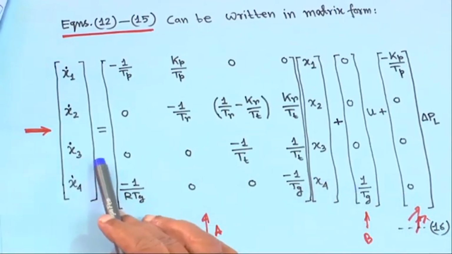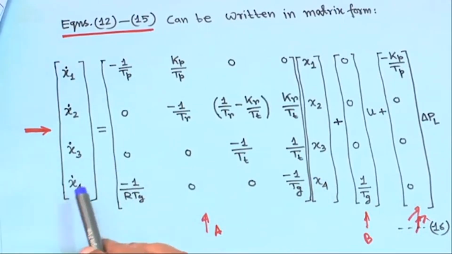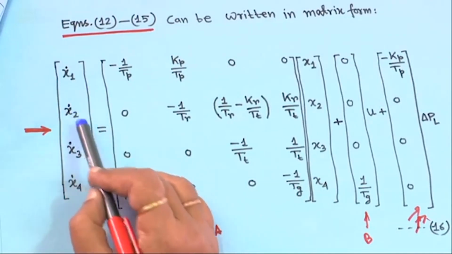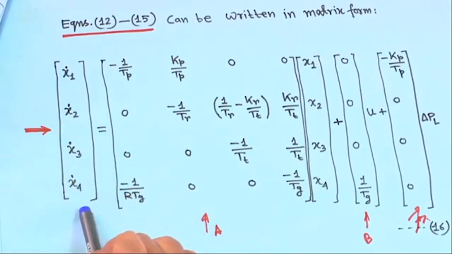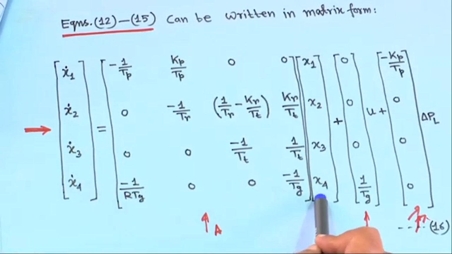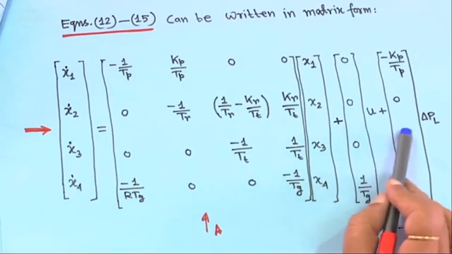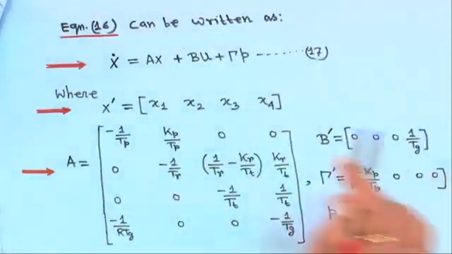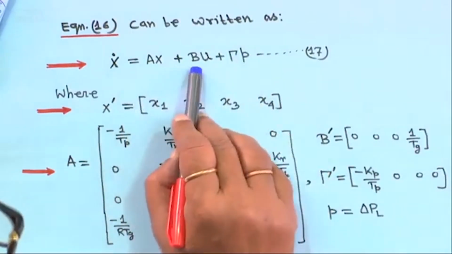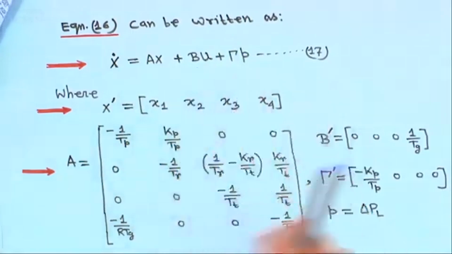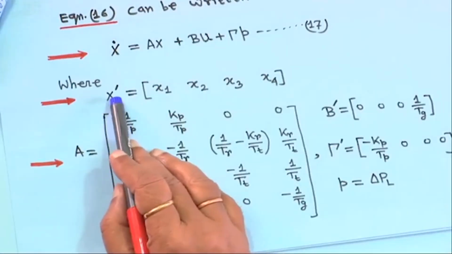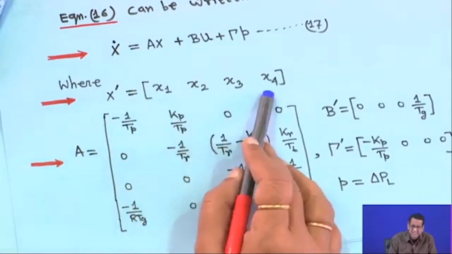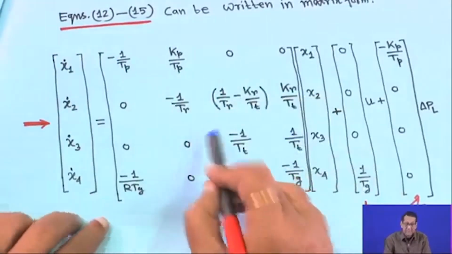So this is written in the form x dot, that is x1 dot, x2 dot, x3 dot, x4 dot, equal to A into x plus B into u plus gamma into p. It can be written as x dot is equal to Ax plus Bu plus gamma p, where x transpose is the state variables x1, x2, x3, x4, and this matrix is the A matrix.